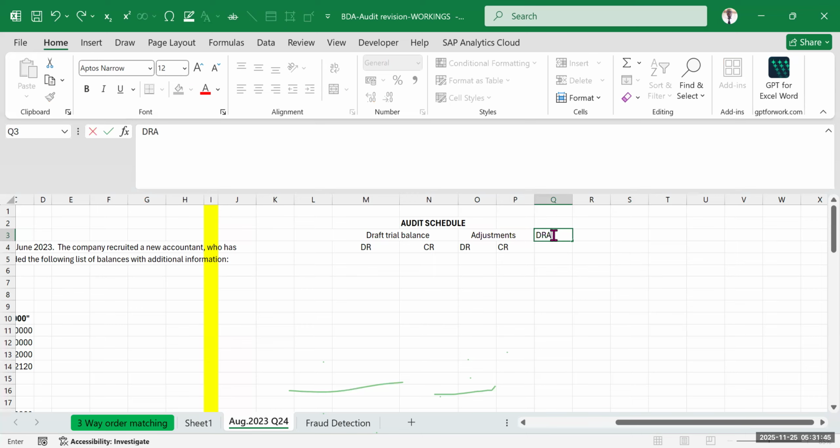Then we are going to prepare the draft profit or loss. Draft profit or loss. I think I have enough space, so let me just type the whole words, profit or loss. And it is a draft because it is based on the adjustments that we are given in the additional information.